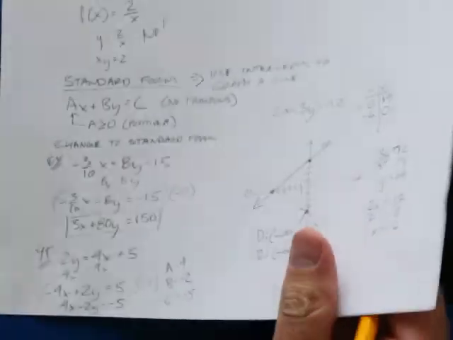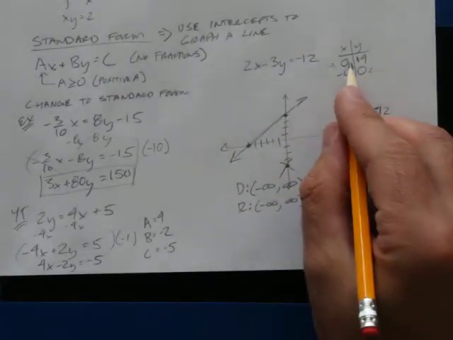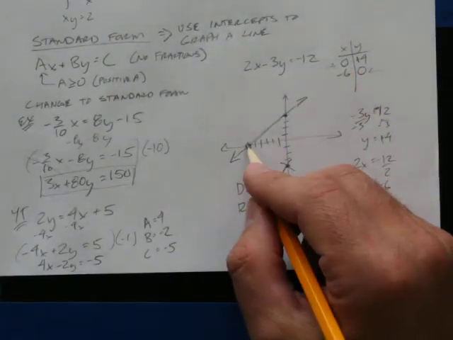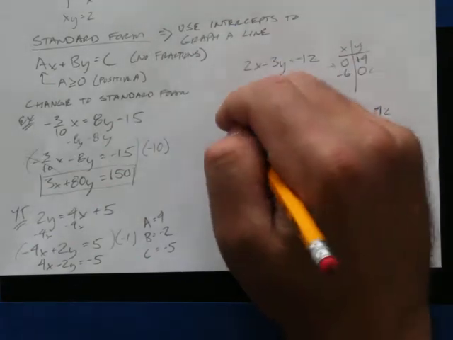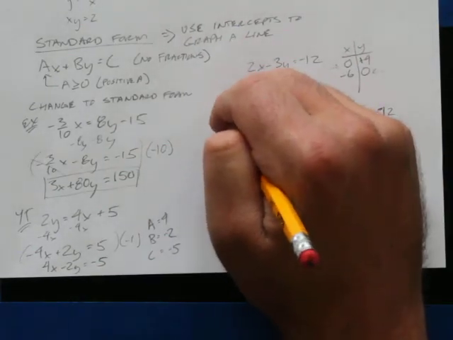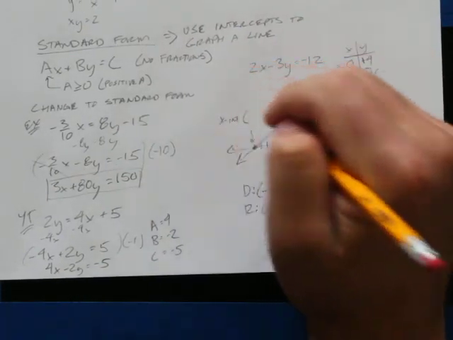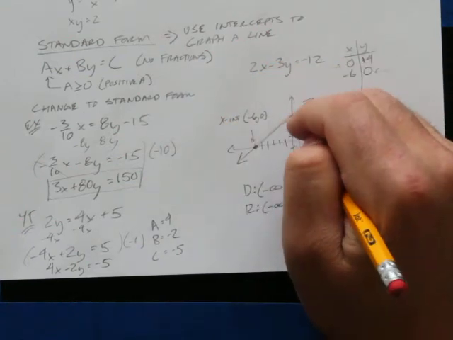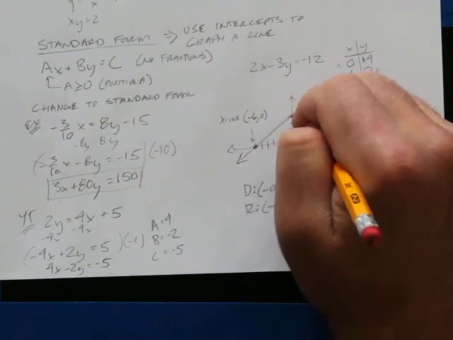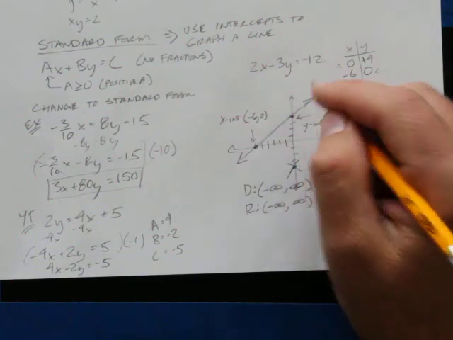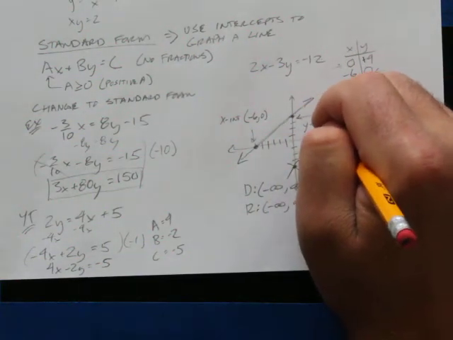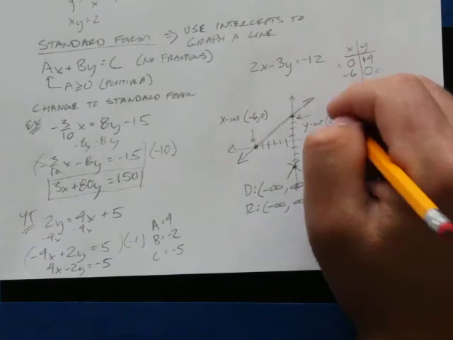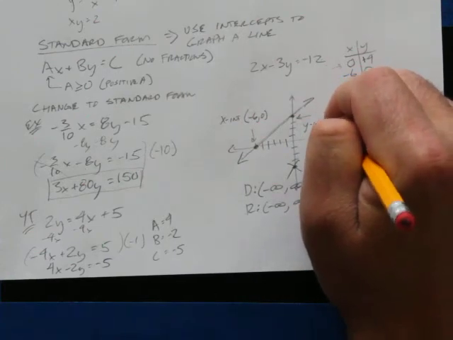So on this one before, my x-intercept is right here. So my x-intercept is negative 6, 0. My y-intercept is right here. Y-intercept, that's the one that crosses the y-axis. So my x value is 0, my y value is 4.